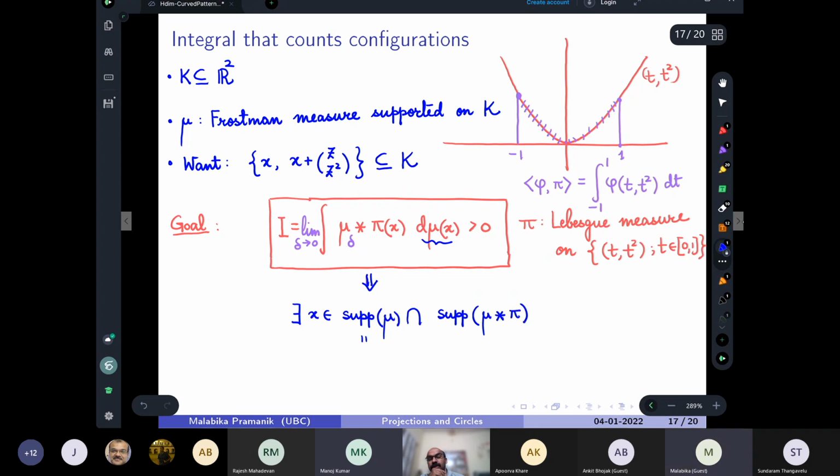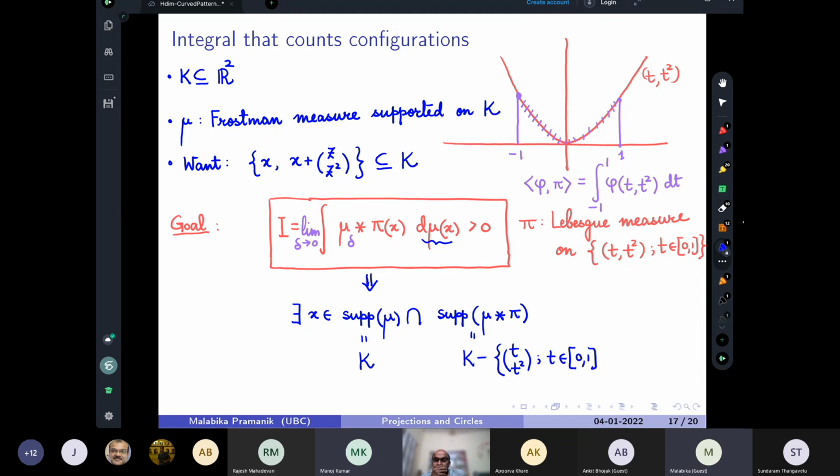Remember, the support of mu was K. And the support of mu convolved with pi is K minus t squared. So that exactly means that x has to be in K and x plus t squared also has to be in K, which is what we wanted.